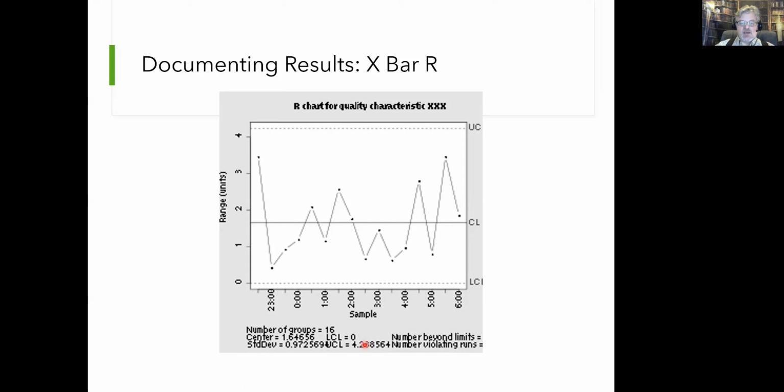So every sample, see the samples are on the bottom here on the chart. So every 10 minutes they pull a sample, they measure it, and they see how far it is from its target measurement. So typically you'll see the target as a line in the middle, and you have an upper limit and a lower limit. And if your part stays in that limit, you're good.